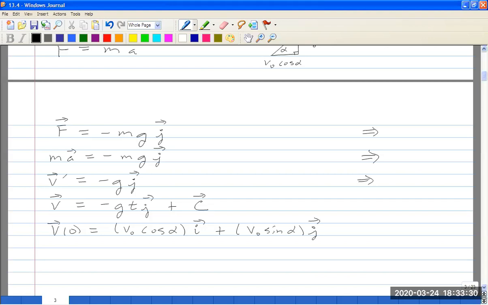Okay, so plugging in 0 here, I have that C is equal to this.